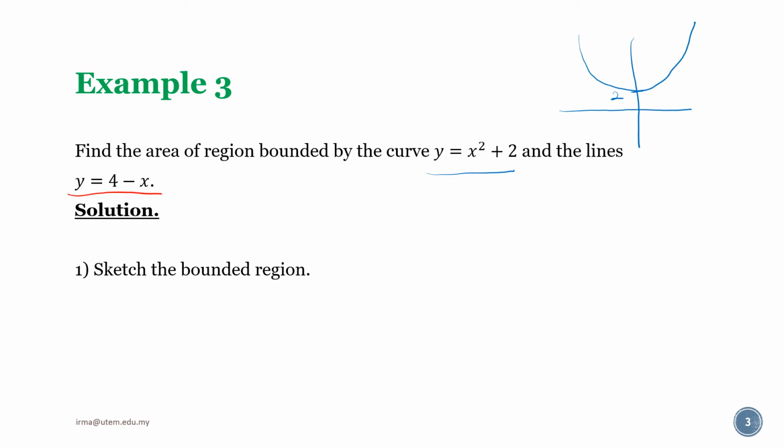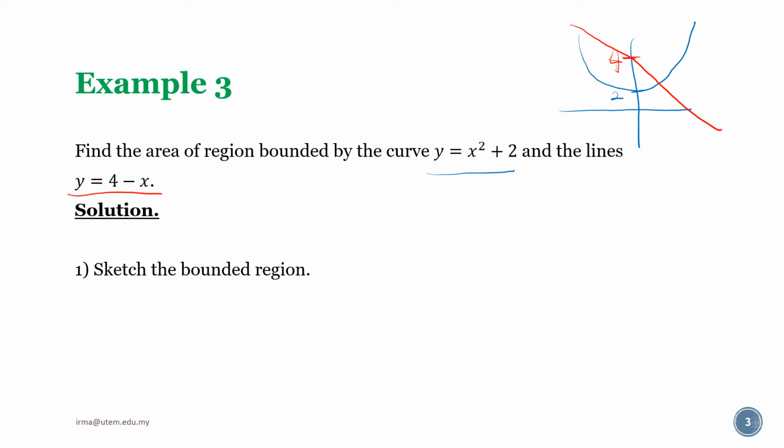How are you going to sketch the graph of y equal to 4 minus x? You know that the y-intercept is 4, so you have 4 over here, and a straight line which meets the intercept at 4.